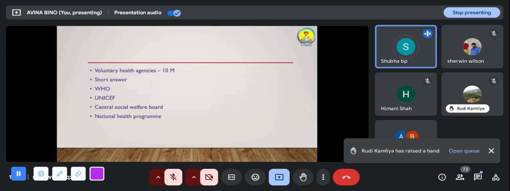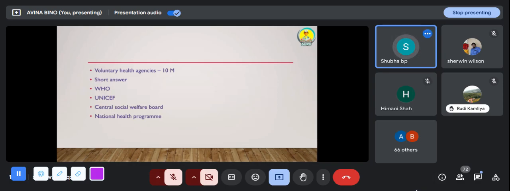In Unit 1 there is no short answer question, but in Unit 2 there will be both, and they may ask about voluntary health agencies. There are so many programs included in voluntary health agencies, that is for 10 marks.